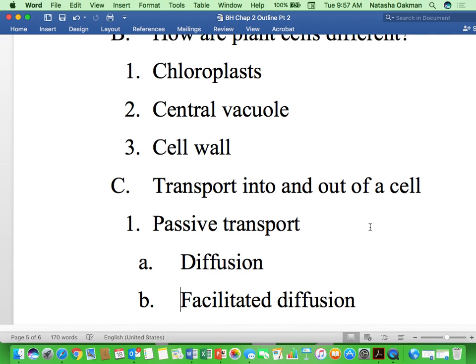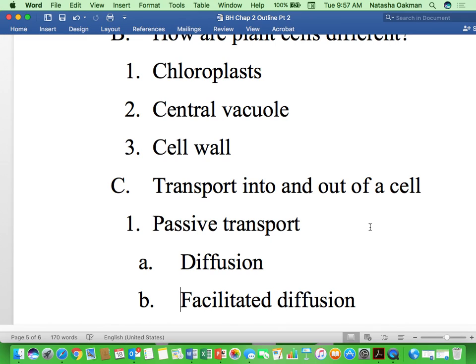A second type of passive transport is facilitated diffusion. Facilitated diffusion is the same as simple diffusion, that's how I refer to regular diffusion, except now the solutes are moving through the proteins of the cell membrane.